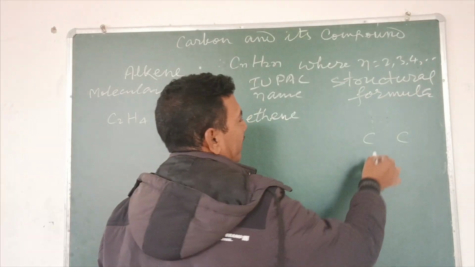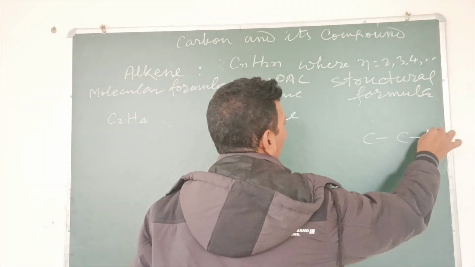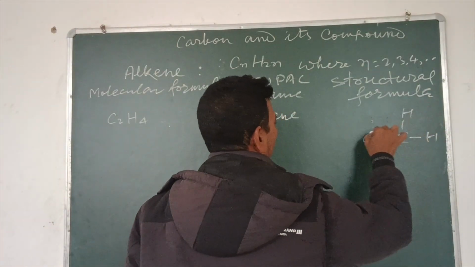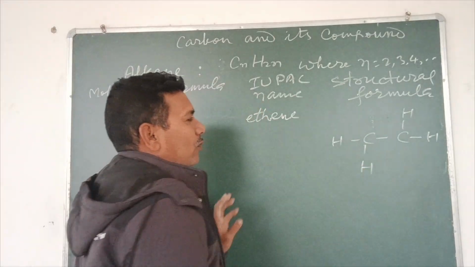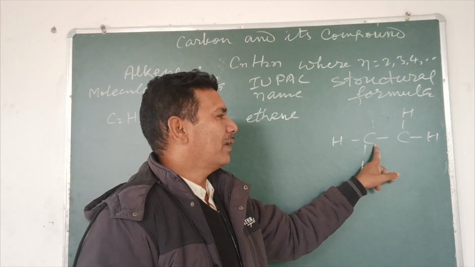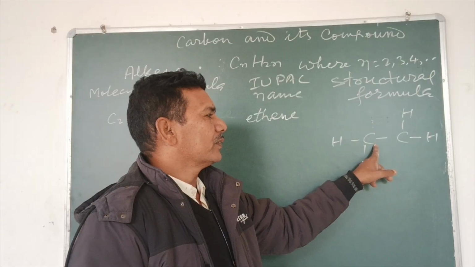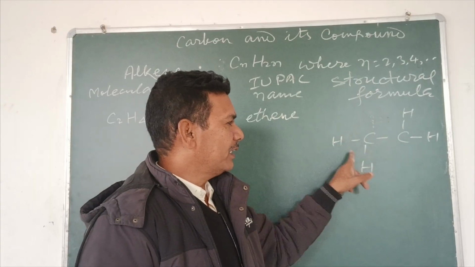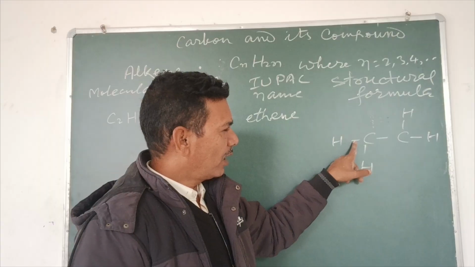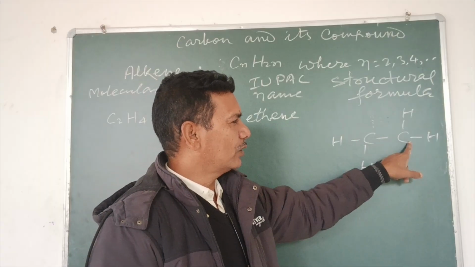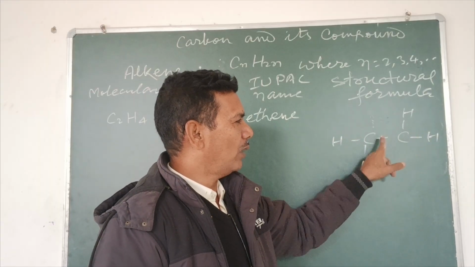If we try to write the structural formula, first of all, let us put single bonds between all hydrogen and carbon. But by doing this, we find that this carbon atom has not completed its tetravalence because it has completed only 3: 1, 2 and 3. Here also this carbon has completed 1, 2 and 3.